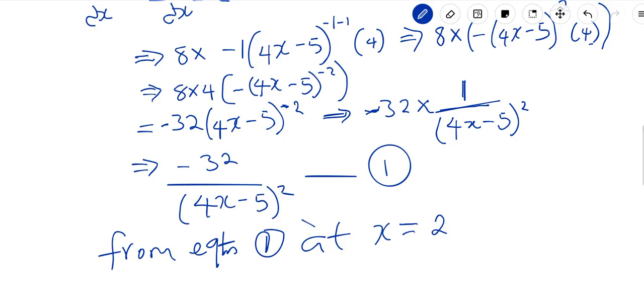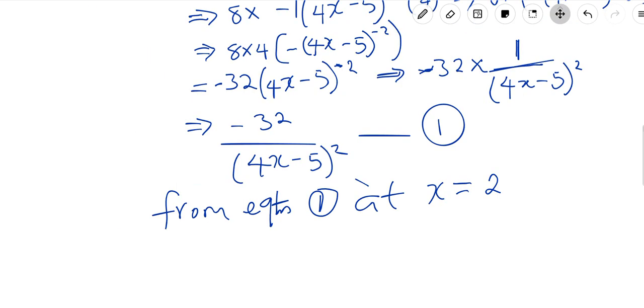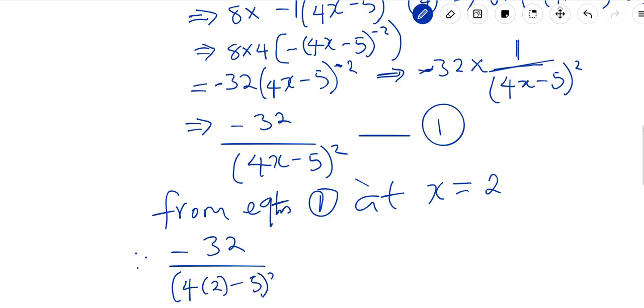This is to say, wherever we find x, we should substitute the value of 2 into that equation. So at that point, anywhere I see x, I put 2. From equation 1, what I have is negative 32 divided by 4x, so wherever I see x now, I'm putting 2, and then minus 5 to the power of 2.